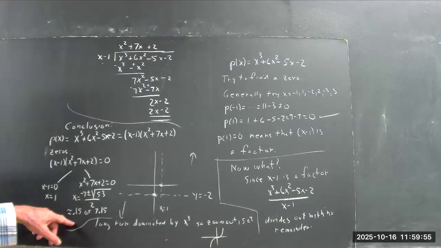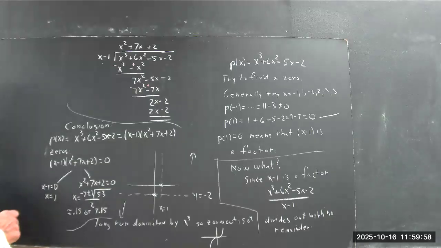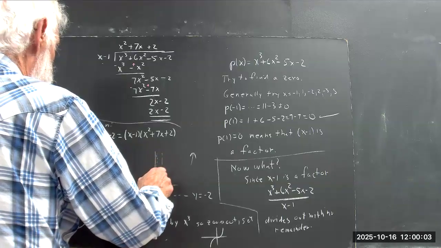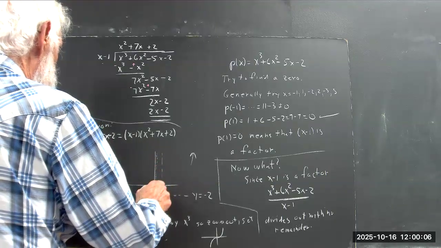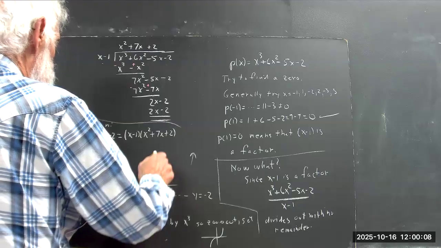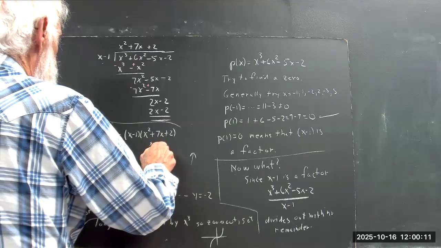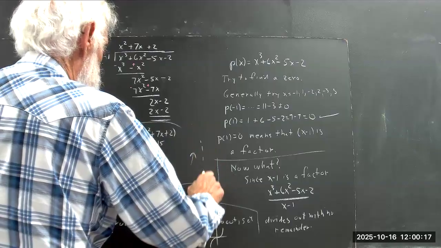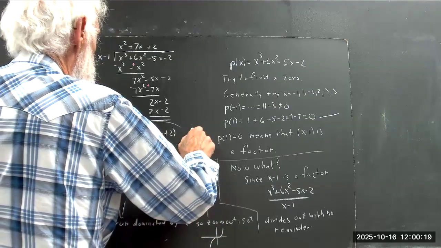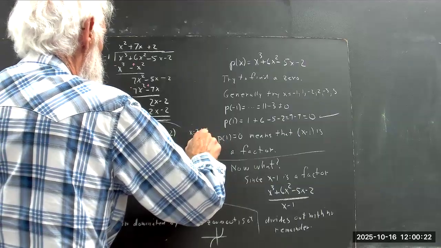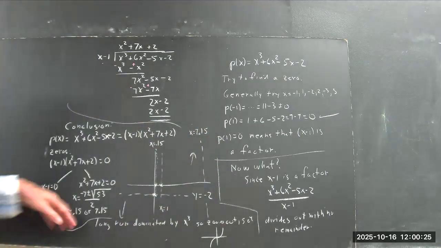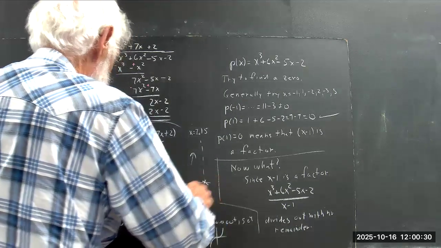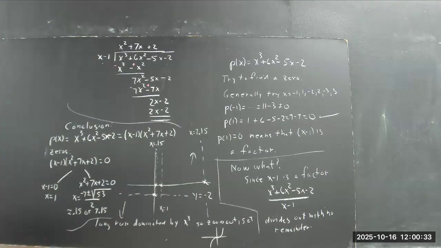Okay, so where are our zeros? x equals 0.15, going to be about here. And x equals 7.15, maybe out about here. That's assuming I did all the quadratic formula correctly. I did it in my head, but I think it's probably correct.